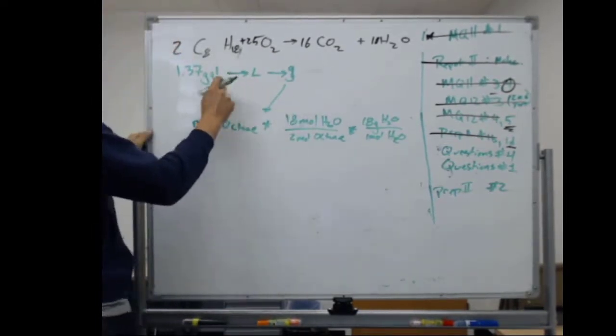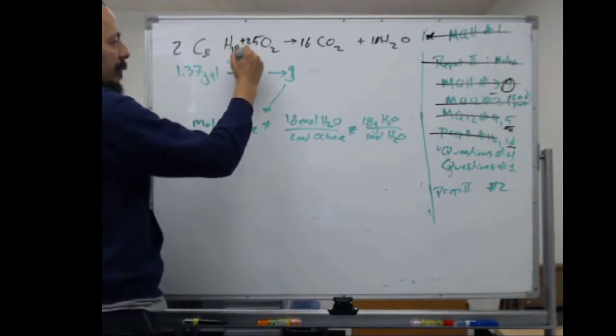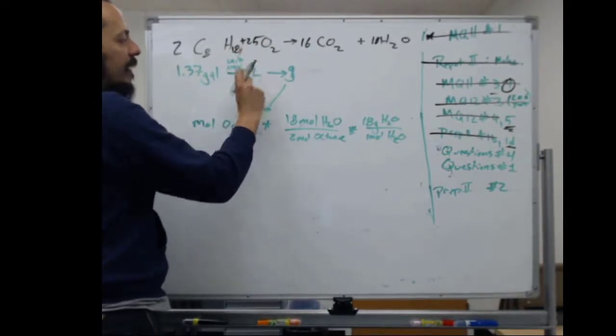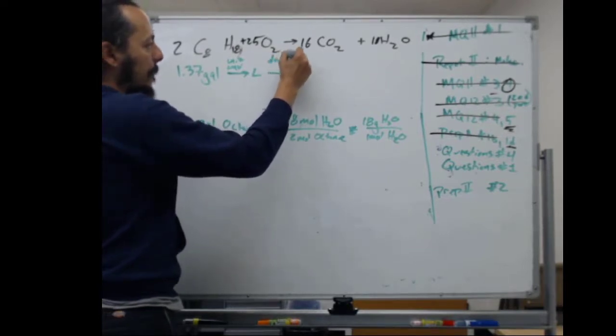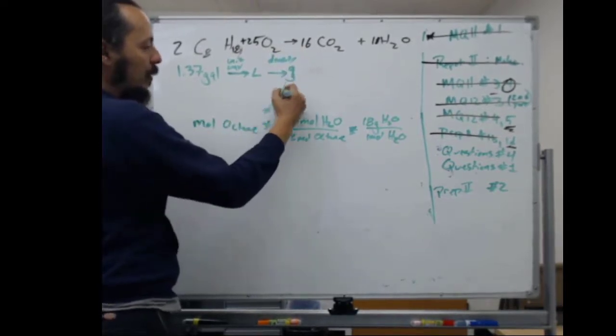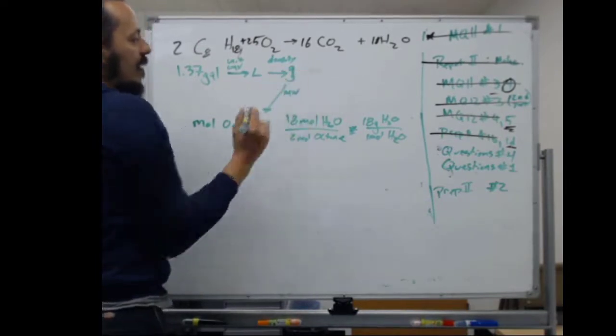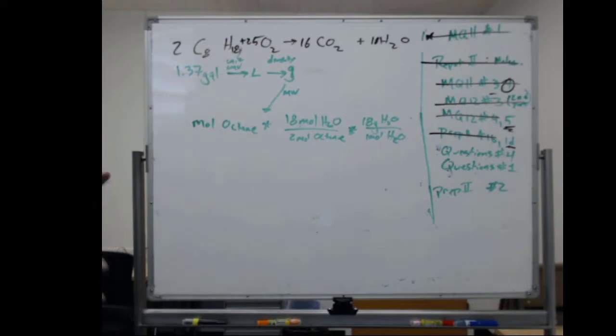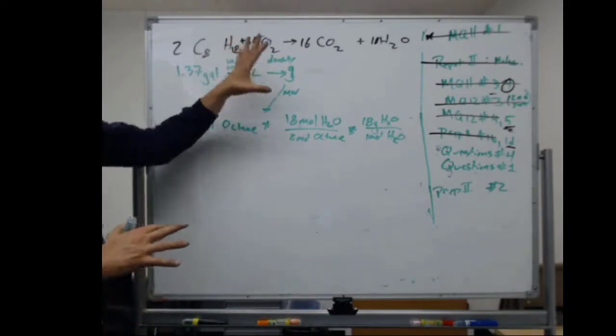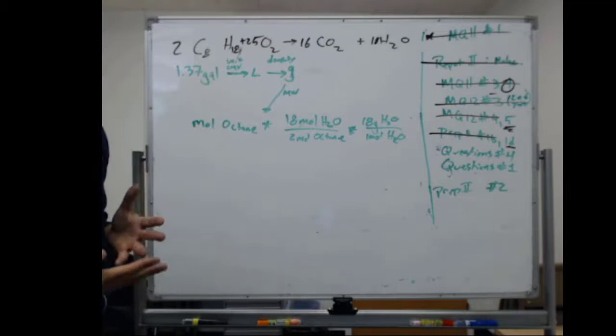To get gallons to liters, that's just a unit conversion. From liters to grams, that's density. And from grams to moles, that's molecular weight. If mapping out problems like this doesn't help you, that's okay. I'm just showing you how I map out my thinking before I start crunching things.